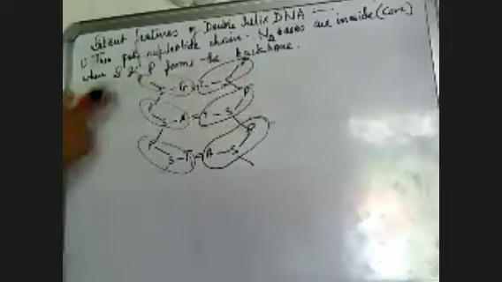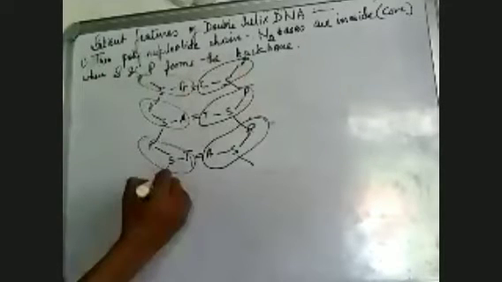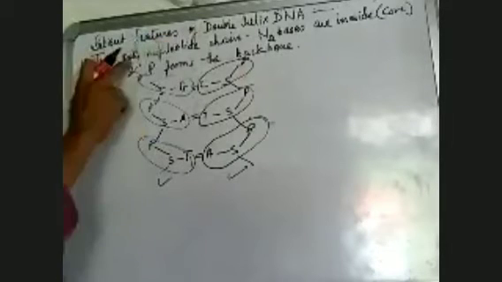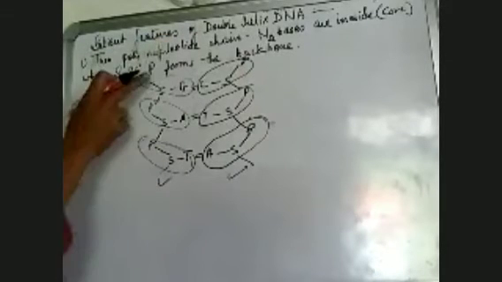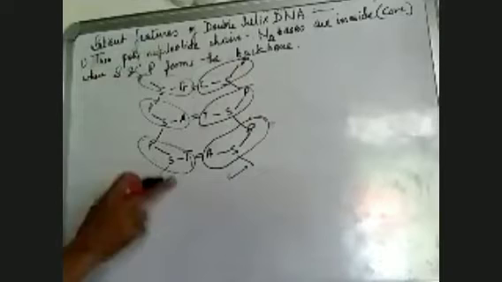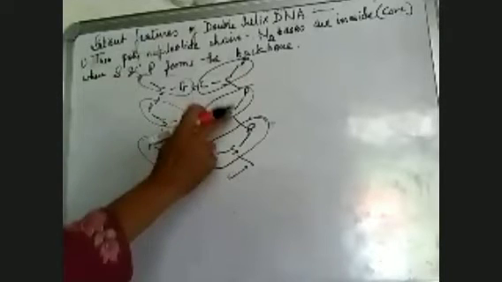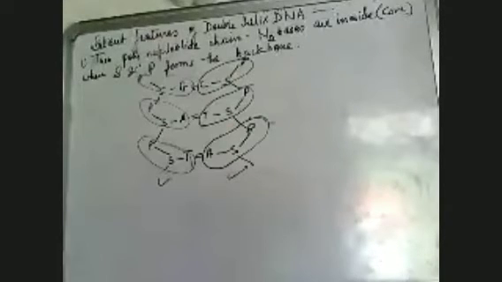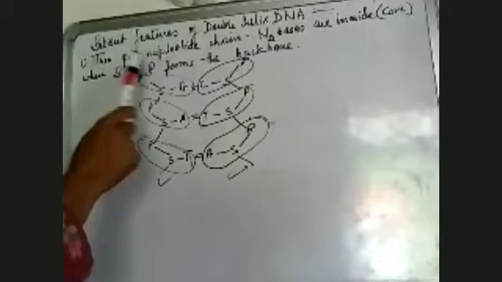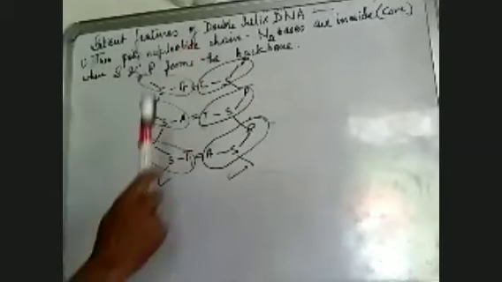So what is DNA? One chain is this, another chain is this. So two polynucleotide chains with many nucleotides. This is what Watson and Crick wanted to say, that DNA is a two polynucleotide chain structure.